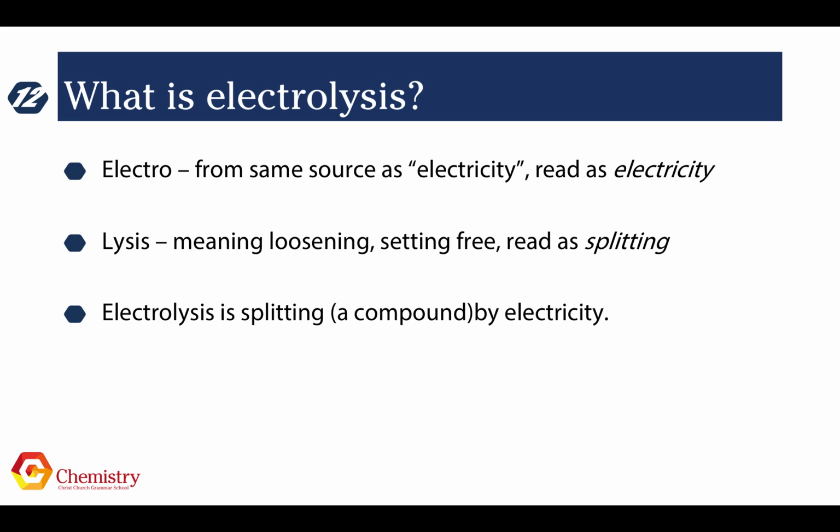So it's sometimes also referred to as electro-winning, because you win the metal back from a compound. So you can use electrolysis as a means of obtaining things which are difficult to obtain by chemical means.